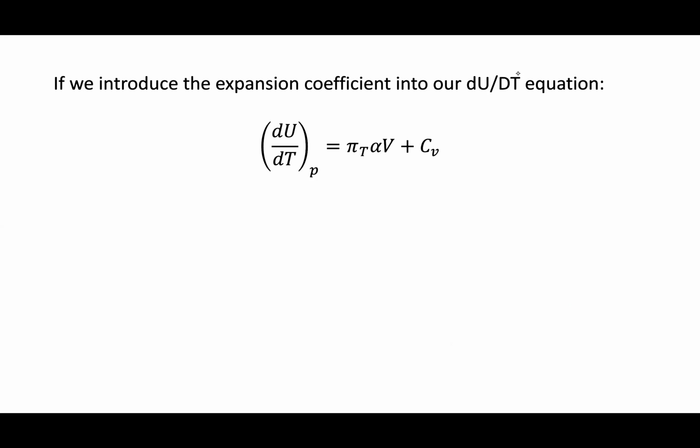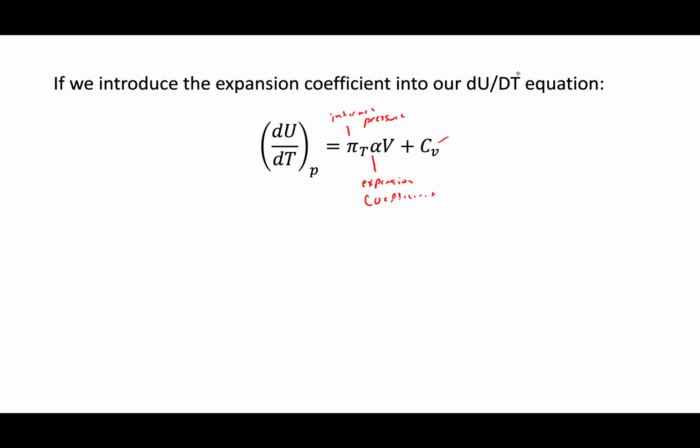Then we would get dU/dT at constant pressure being the internal pressure, times the expansion coefficient, and then we also still have plain old CV.